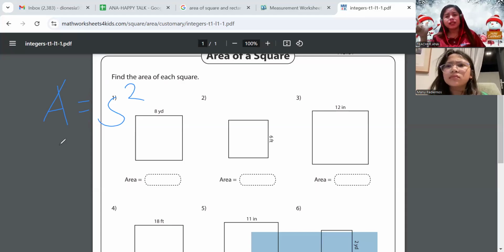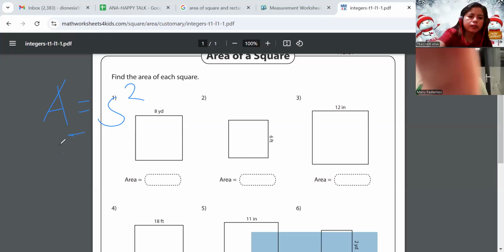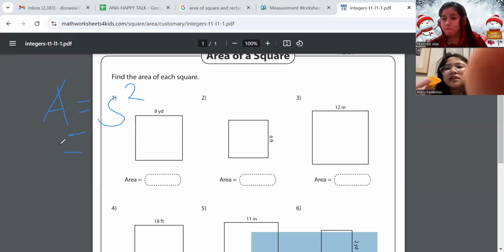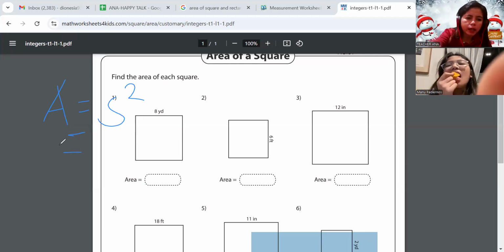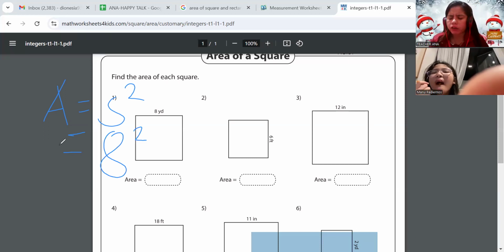Now, since the sides of the square are the same, area is equal to, what's the measurement for number one, Mano? 8 yards. So 8 raised to the power of 2. What do you mean by 8 raised to the power of 2?